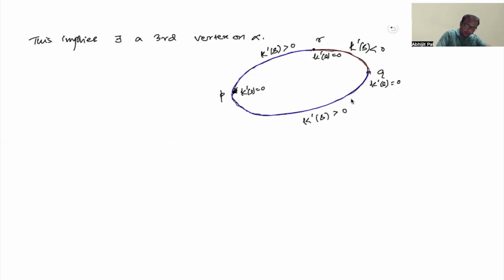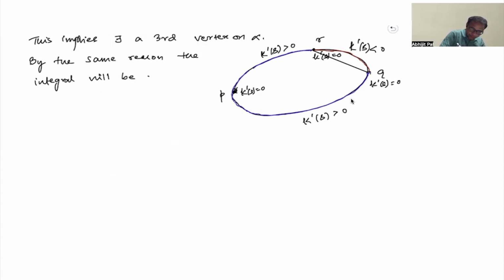Okay, all right. Now if I take the line segment R to Q, again by the same reason, the integral will be positive.